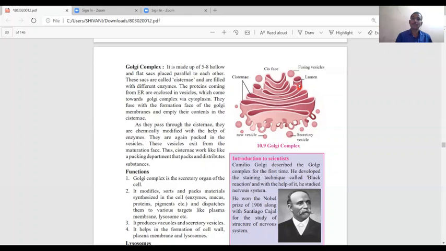Vesicles are fully filled with proteins, and such filled vesicles fuse with the formation phase of the Golgi complex and empty their contents in the cisternae.